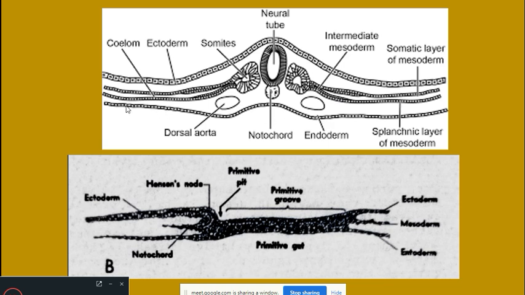If it is a full embryo, the endoderm will be forming a gut here, the ectoderm will be forming a covering here, and the mesoderm will also be like this, it will be full, and this space will widen and form the coelom. So the coelom appears in between the somatic and splanchnic layer of the mesoderm.